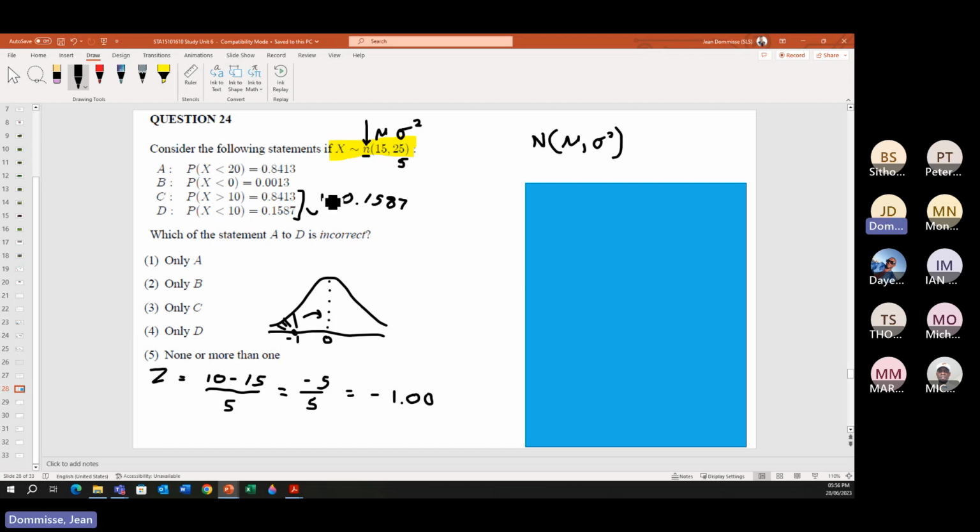Okay, that is also correct, because 1 minus 0.1587 gives us 0.8413. You could also have checked that if you add those two together, it must give you 1. So those two are already correct. Which of the statements A to E is incorrect? So it's not C, it's not D.